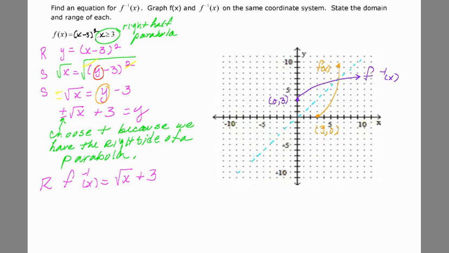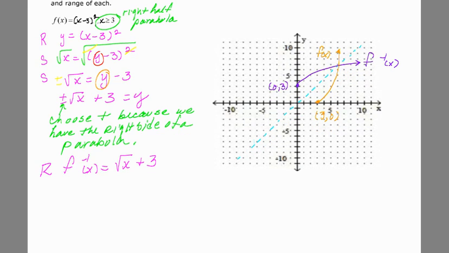Finally, for this problem, let's state the domain and range for each of those. So for my blue function, well, let me go with the orange one first. For f of x, let's find the domain and the range. So that's easy enough from the graph, and actually they did state the domain for f of x in the statement of the problem. Right here is the domain for f of x. x greater than or equal to 3, or we can write in interval notation 3 to infinity.